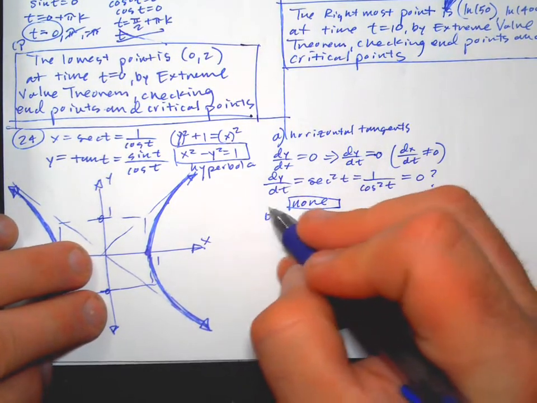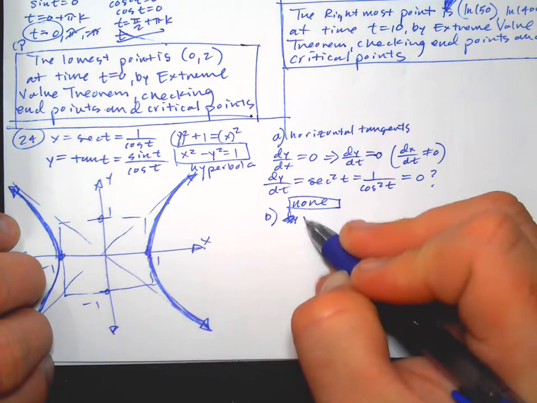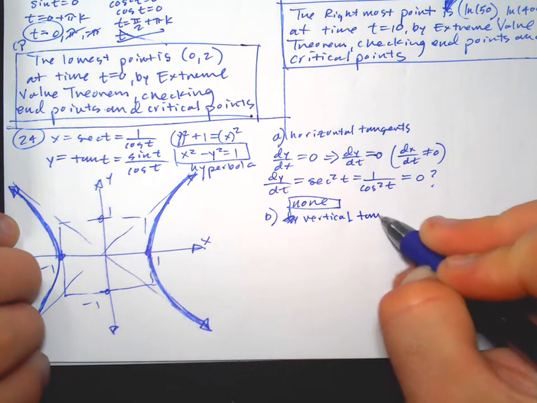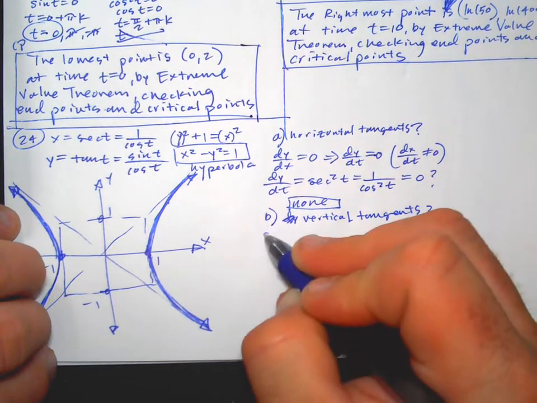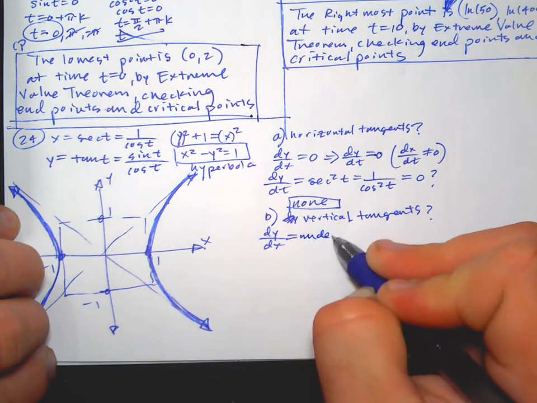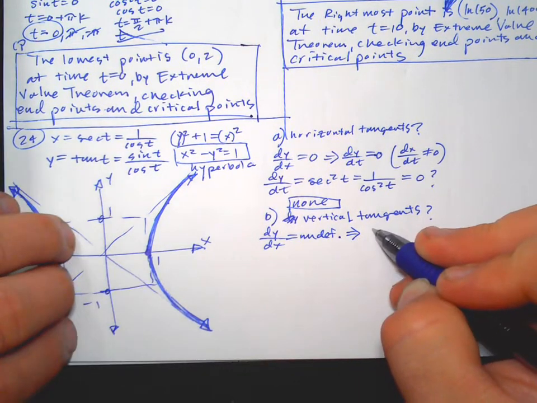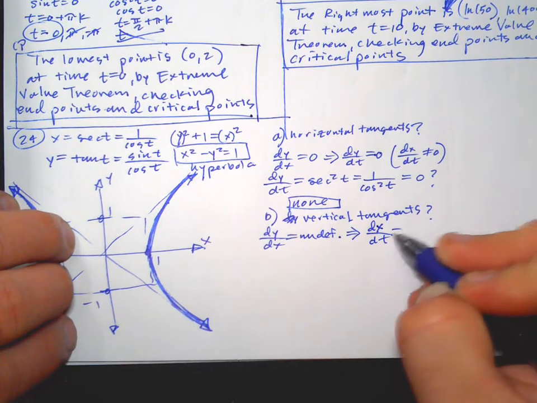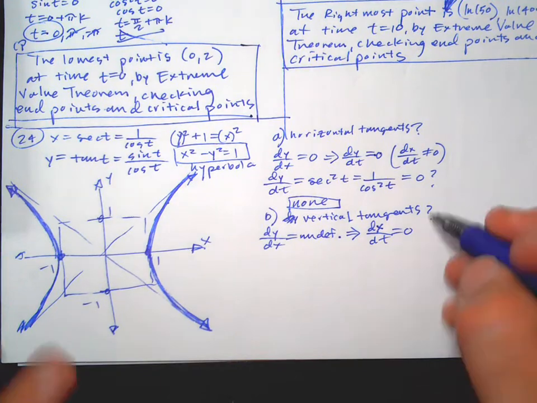Part B, vertical tangents. Vertical tangents happen when the slope is completely vertical, which is going to be undefined because you're dividing by 0. It's all vertical. So that's going to be when dx/dt equals 0, and all the motion is in the vertical direction.